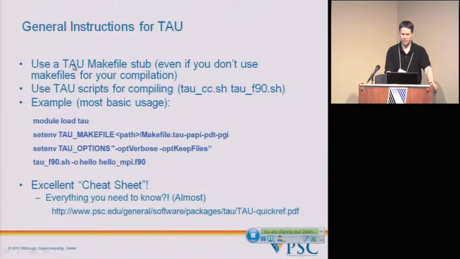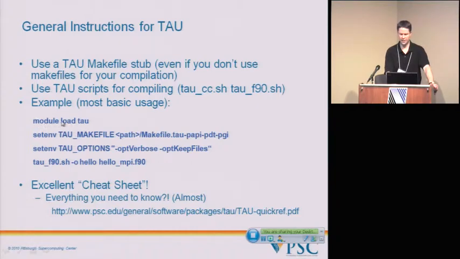So you have these TAU makefiles, and you have TAU scripts. The TAU scripts will replace the invocation of the regular compiler. The normal compiler name will be replaced by the name of one of these scripts: if it's a C code, you use this one; if it's a Fortran code, then you use this one; and there's a CXX version for C++.